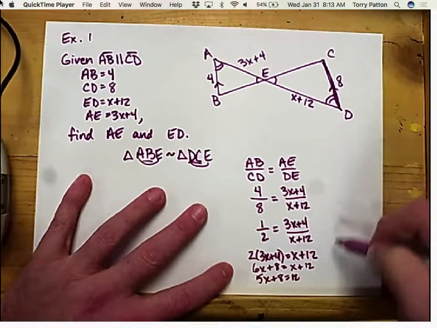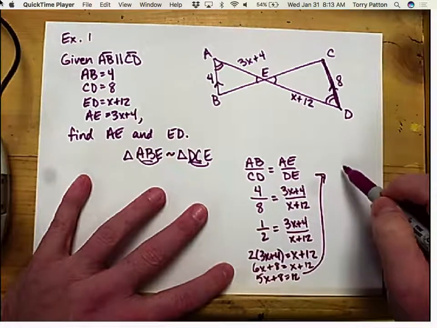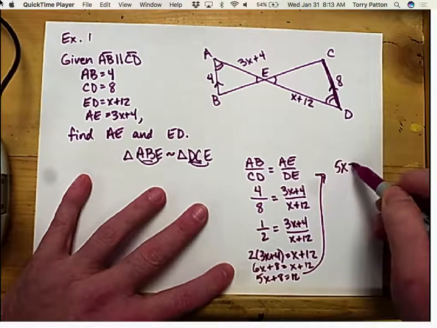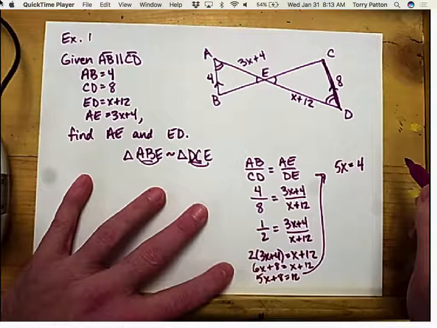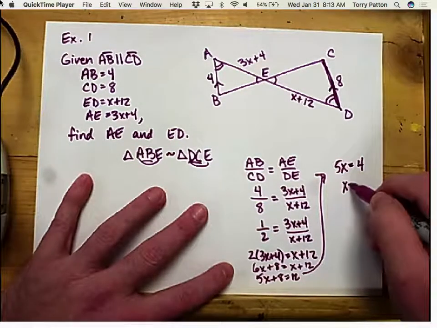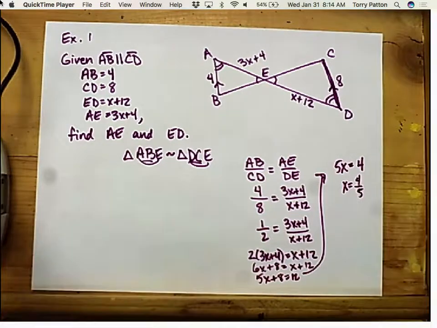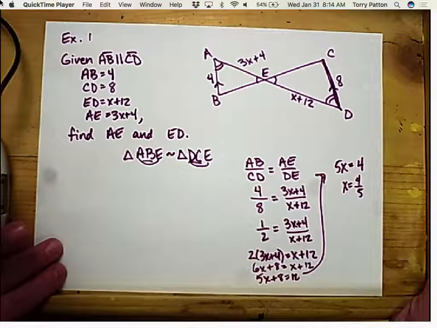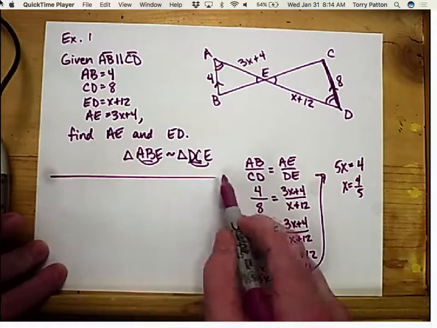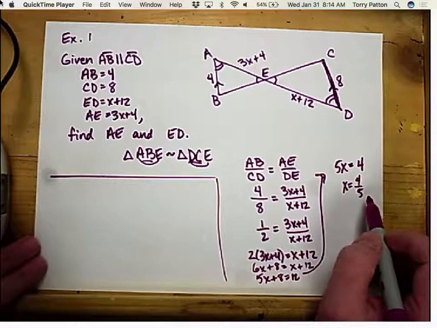Subtract 8, and you get 5x equals 4. So what is x? 4/5. Okay? So now, to answer the question, they didn't ask what x is.